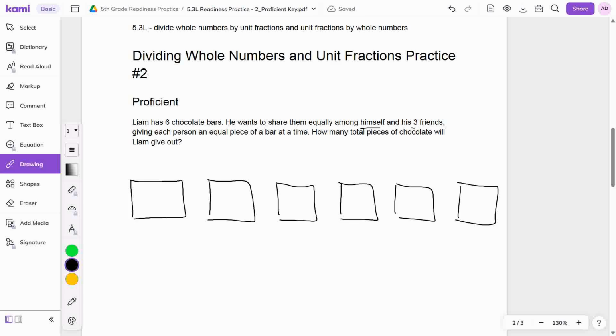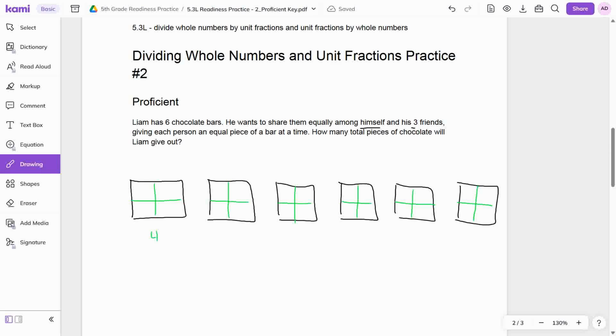Okay, so I'm not sure how to break 6 into 4 equal pieces, but what I can do is break each of these bars into fourths. Okay, and so I can do it like this. I'm just going to cross these off and take a look. How many total pieces will Liam give out?